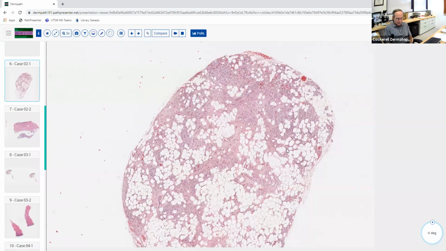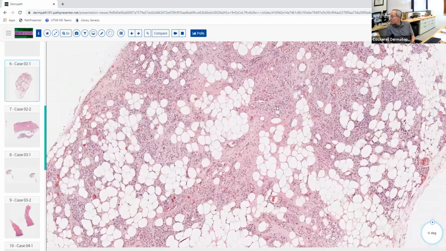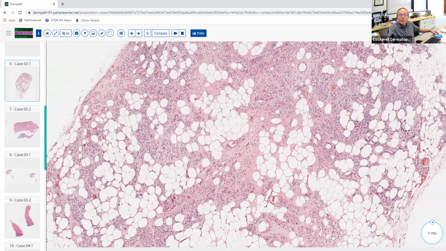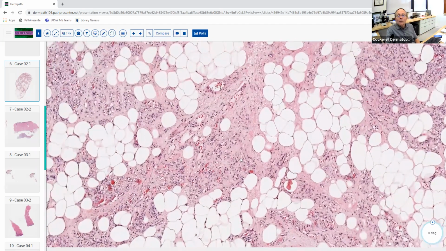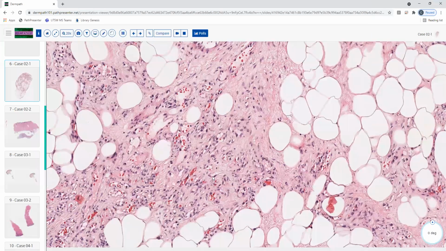So what are we looking at? We go to higher magnification here. What are these cells here? I think those are the vessels and the fibroblast cells around it. Yeah, there are a lot of blood vessels. What's the configuration of these blood vessels? Tiny capillaries.